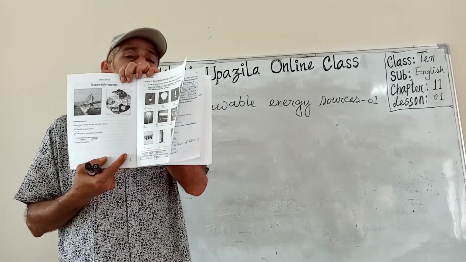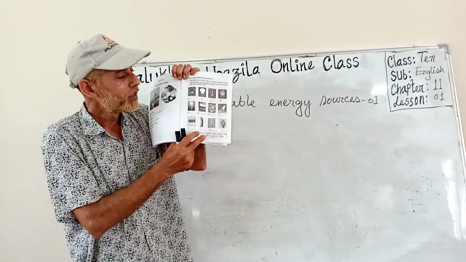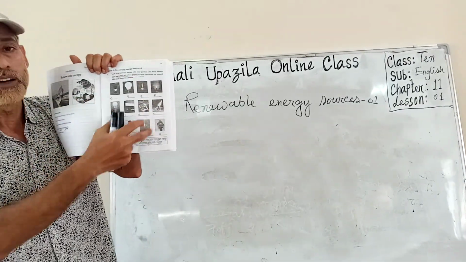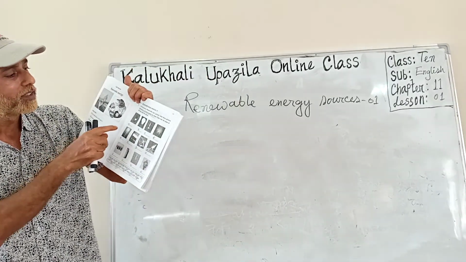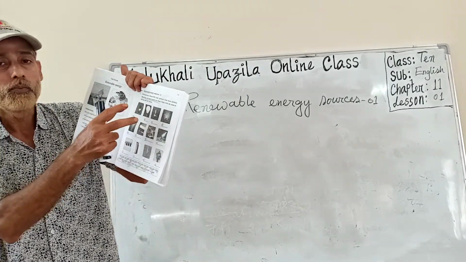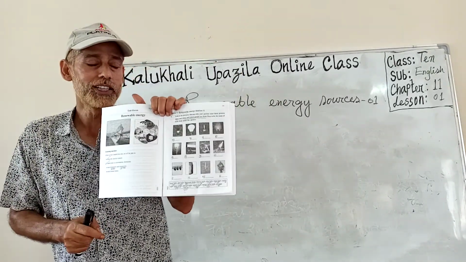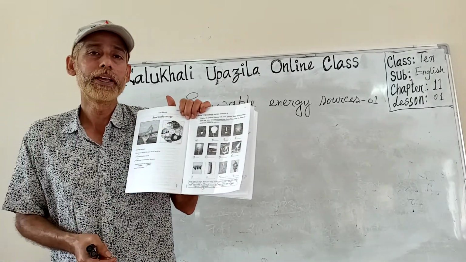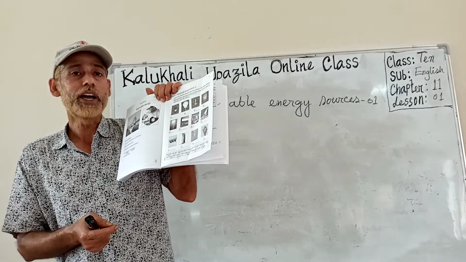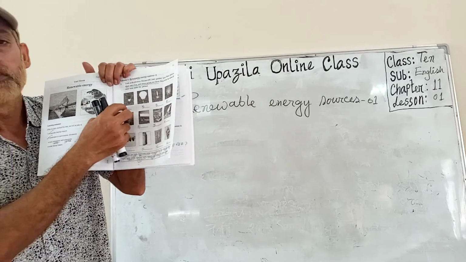Here are some goods or electronics. Please think where we use them. First you think, and then you have to write down the names under the pictures.